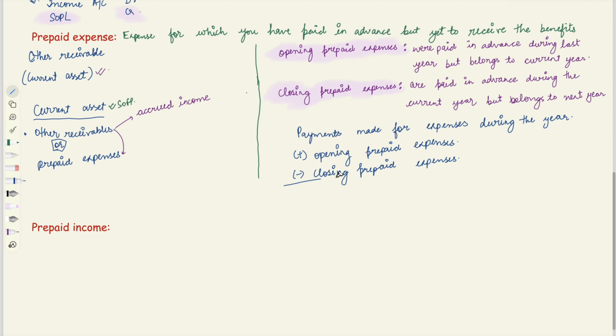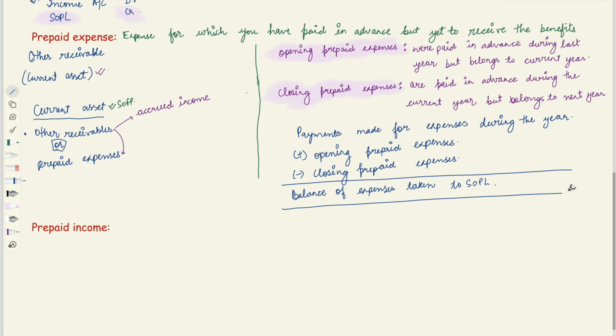Then you get the balance of expenses taken to the statement of profit or loss. This belongs to the current year, this does not belong to the current year, simple as that.